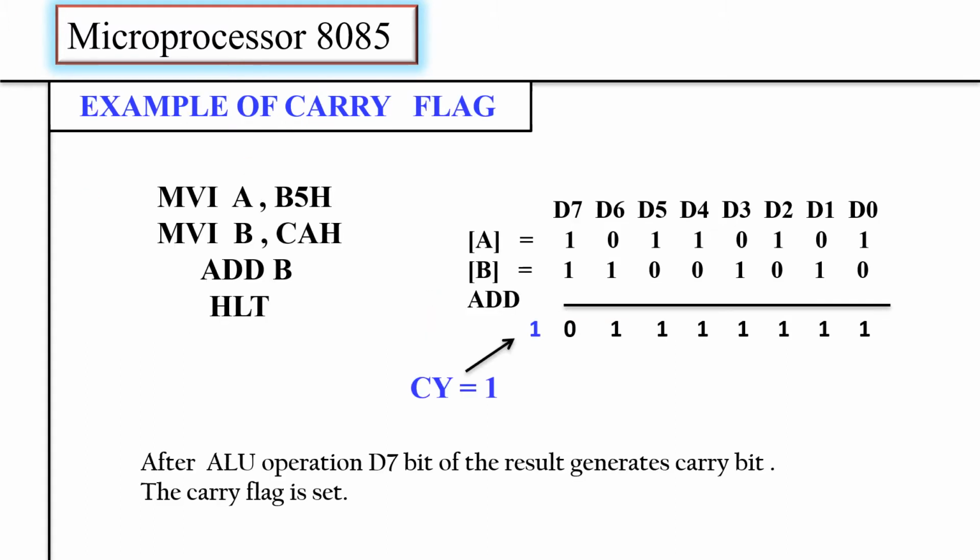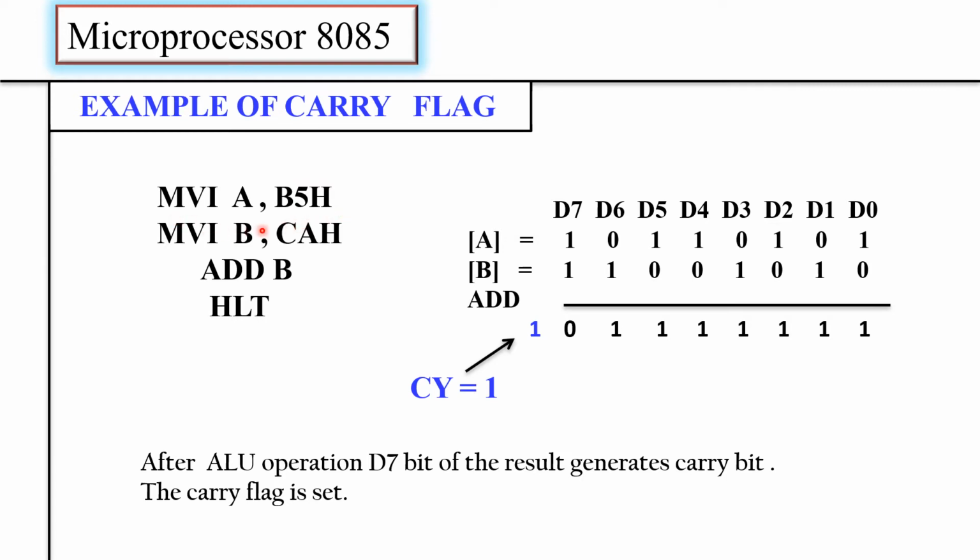Now let us understand the carry flag with the help of an example. Here I am just introducing some of the instructions of 8085. MVI: what do we understand by MVI? Move immediately the data, that is B5H, which is in the hexadecimal number system, into the accumulator.